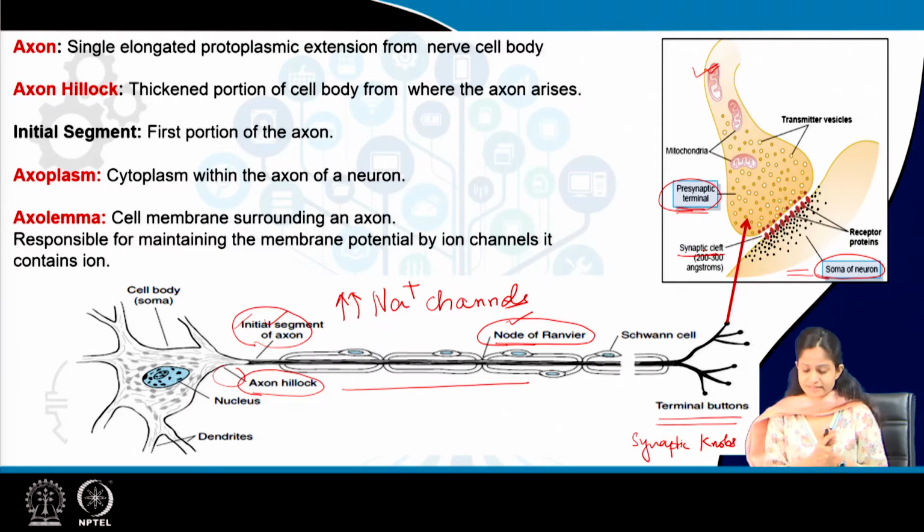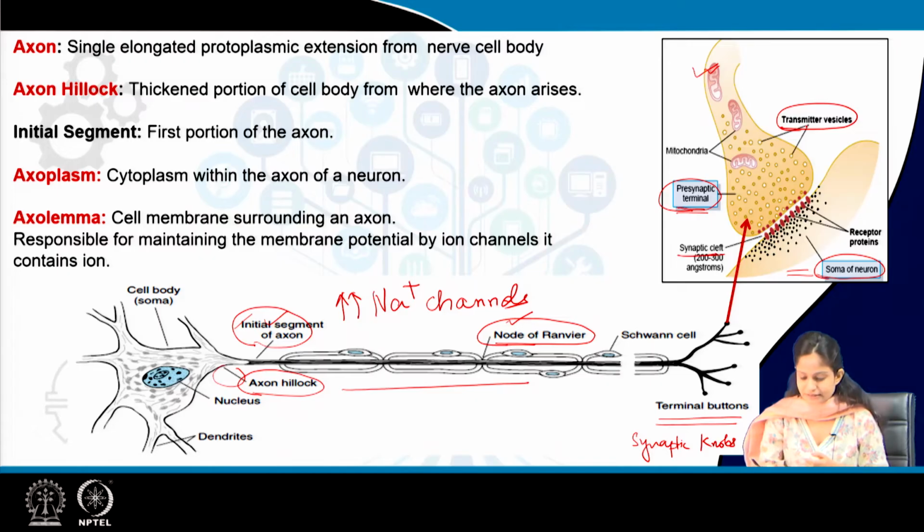Why is this very important? Because the basis of impulse conduction, the transmission of the impulse, mainly occurs in this synaptic cleft. There are various transmitter vesicles present inside the presynaptic terminal.